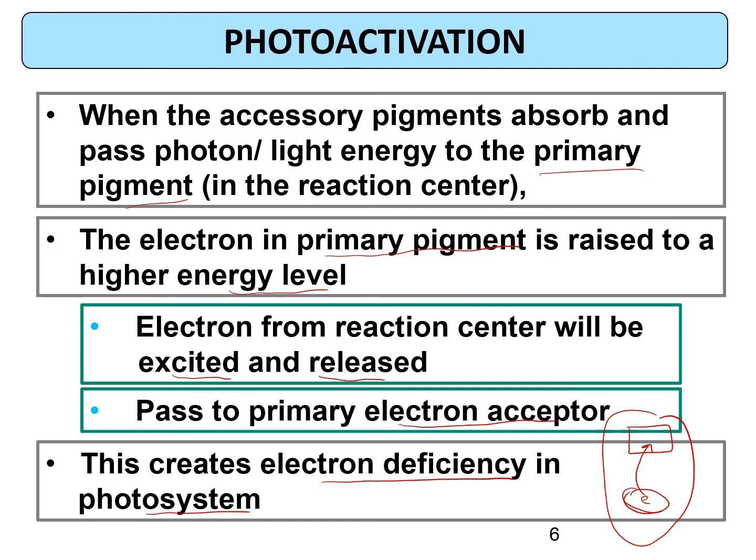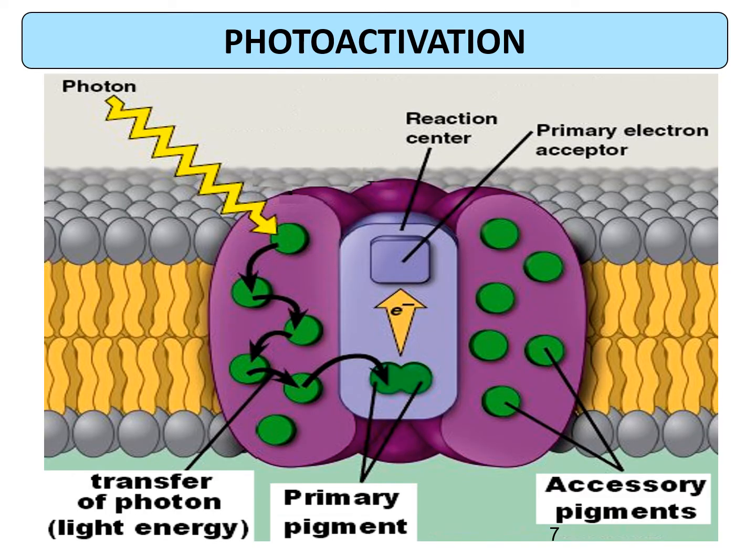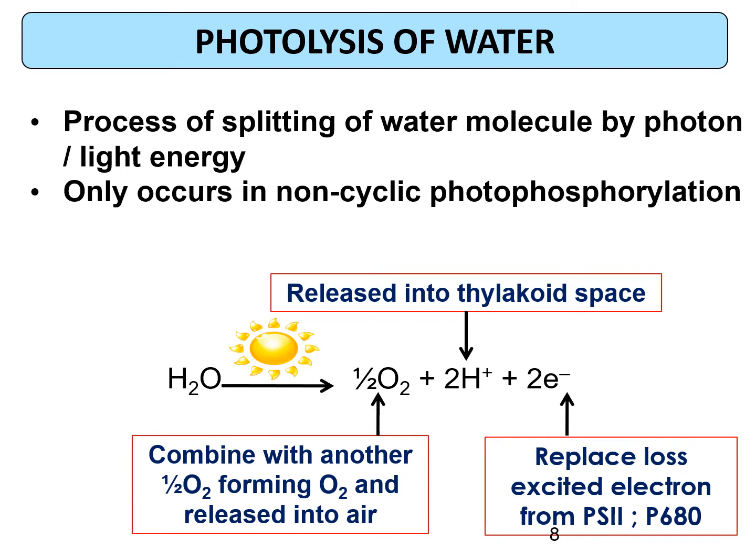So this primary pigment has a deficiency of electron. It loses an electron, right? So the imbalance of the electron, the deficiency, should be replaced.